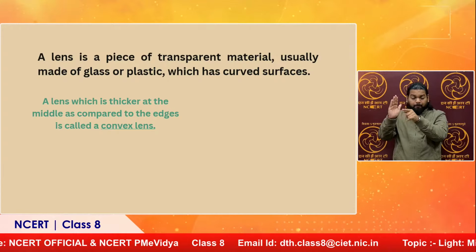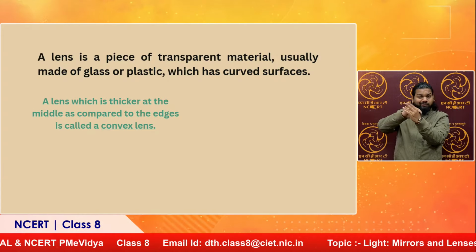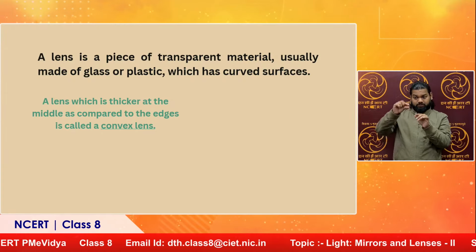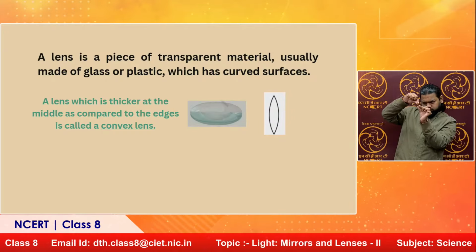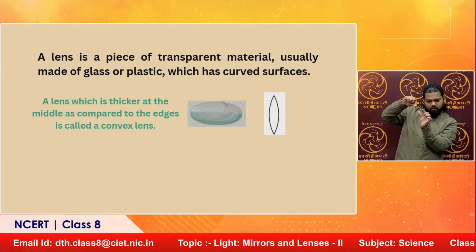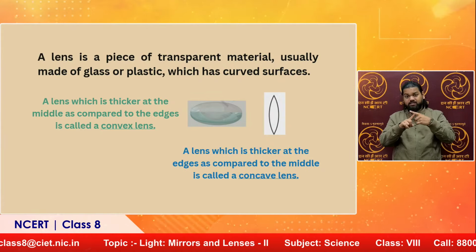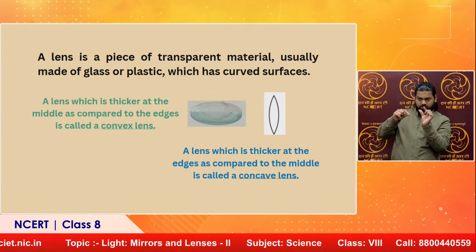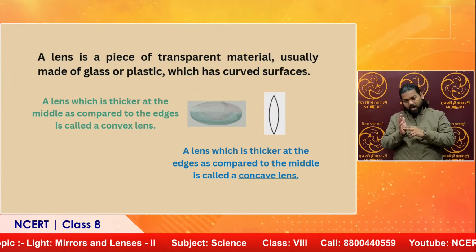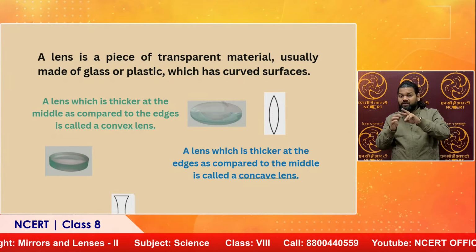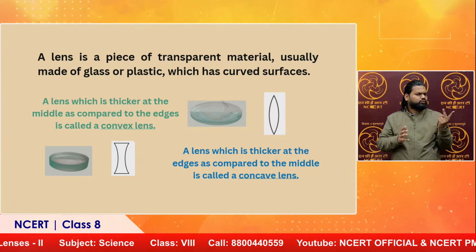The lens which is thicker at the middle as compared to the edges is called a convex lens. The other one is thicker at the edges as compared to the middle, and that is the concave lens. So I have these two lenses with me here.